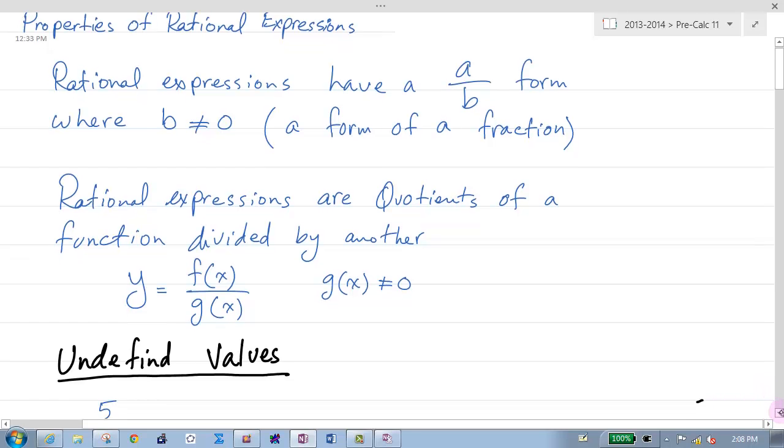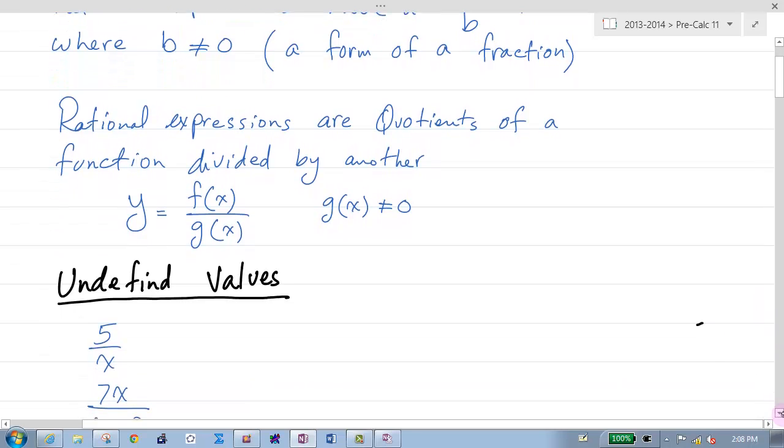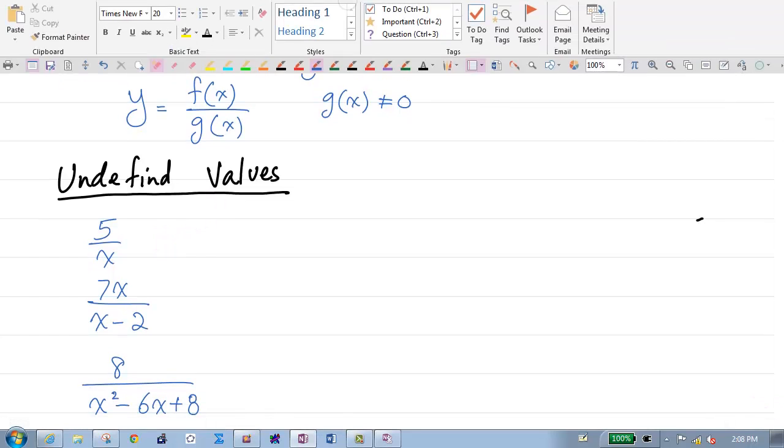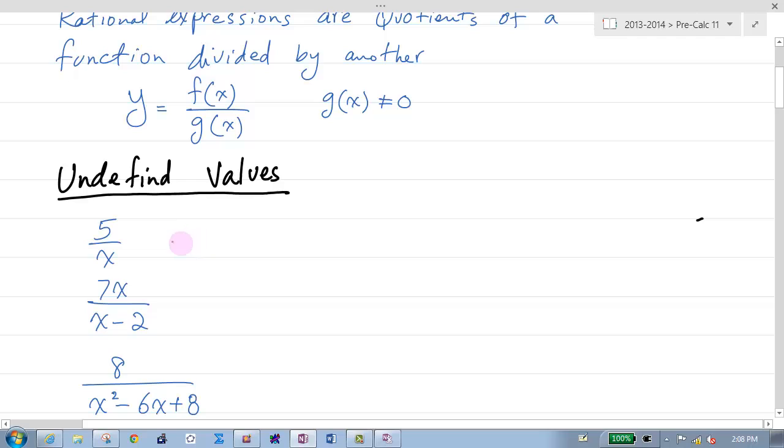Okay. Now we're going to start looking at undefined values. Suppose that I have our rational expression as 5 over x. The value of x that would make this expression undefined is when we have x equal to 0, right?